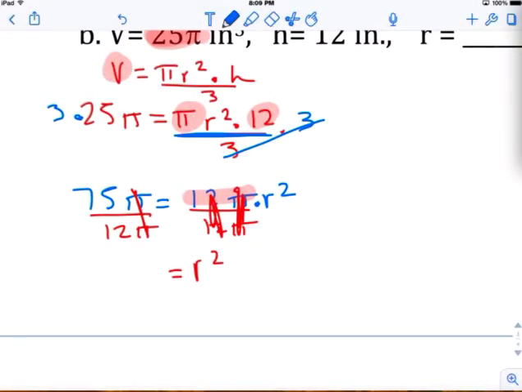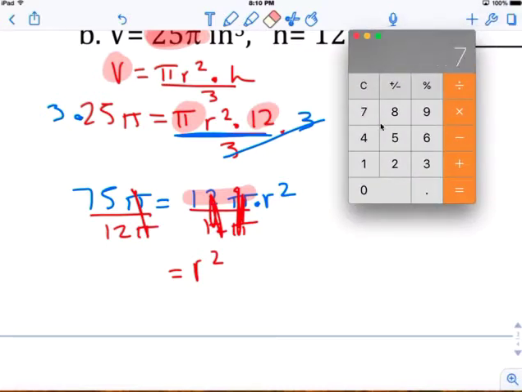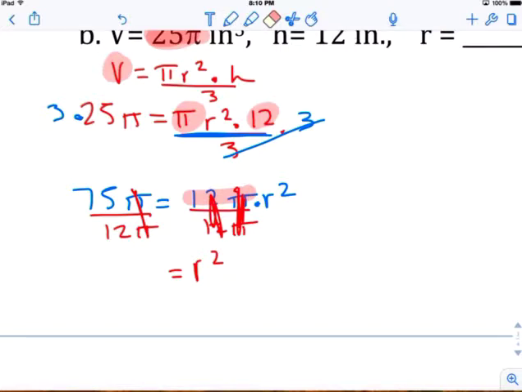Okay, and then reduce this. Or just divide it and get a decimal. 75 over 12. Reduce it by, can it be divided by 3? Oh yeah, it can be divided by 3.